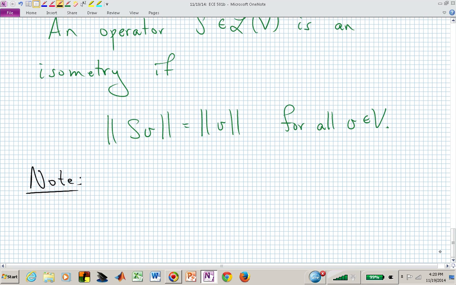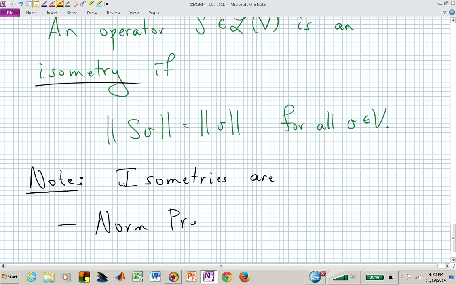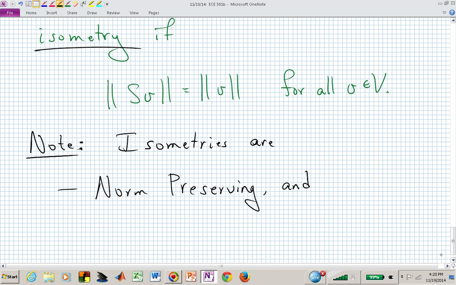We can make some particular observations relative to that definition of an isometry. One is that these isometries preserve the norm, or are norm preserving, and they essentially are a generalized rotation or direction.